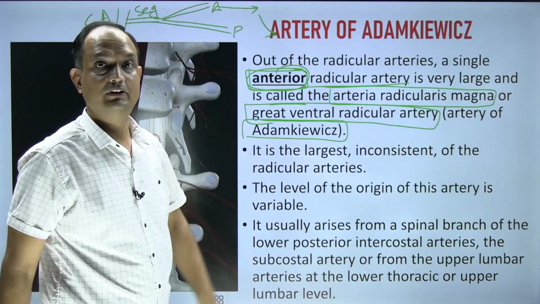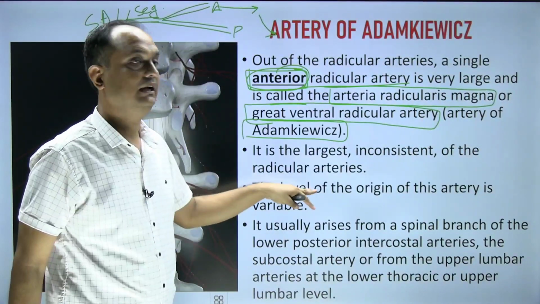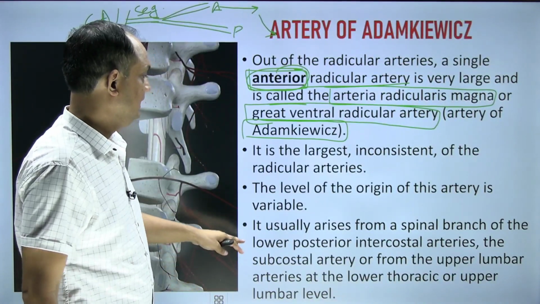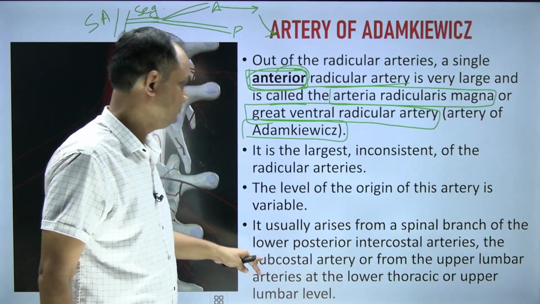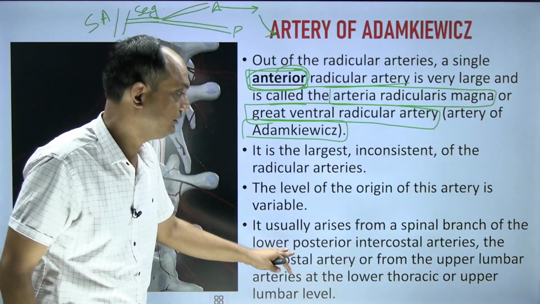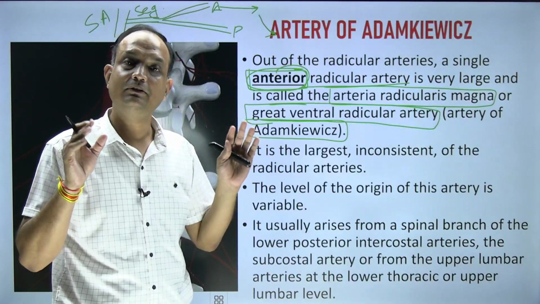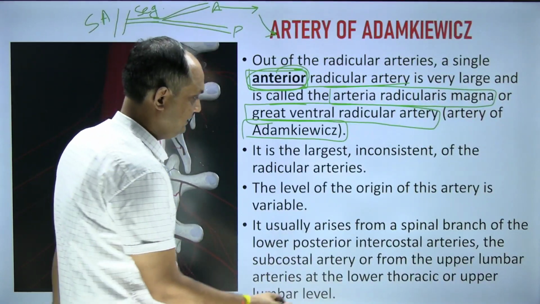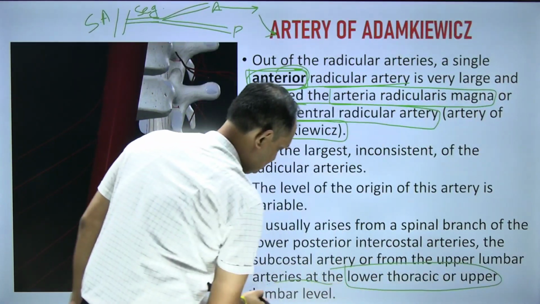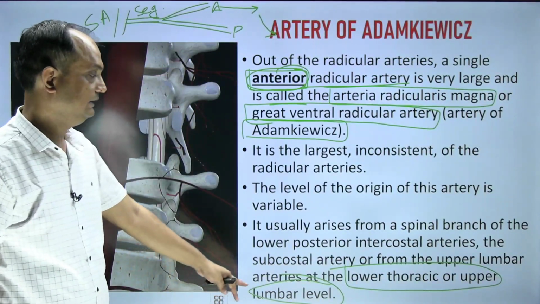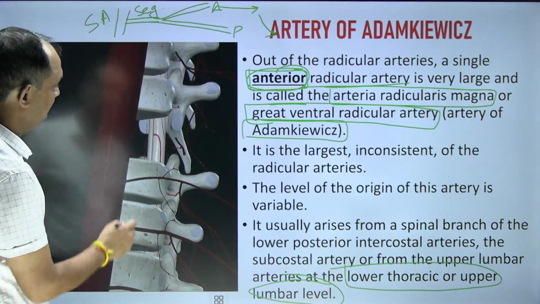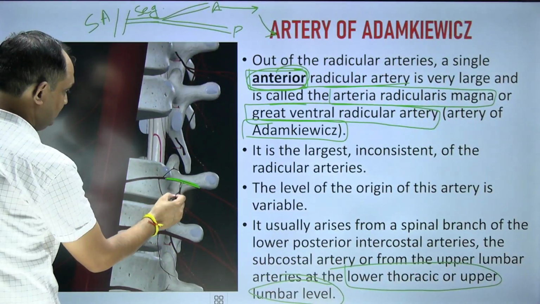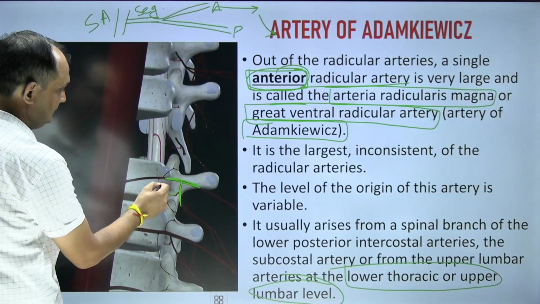That means it is not always present, and it is present at a variable level. The level of this large artery is not fixed. It usually arises from a spinal branch of the lower posterior intercostal arteries, which means it is found in the lower thoracic and upper lumbar region. In this image, this is your posterior intercostal artery, which gives the dorsal branch, and here you can see the artery.